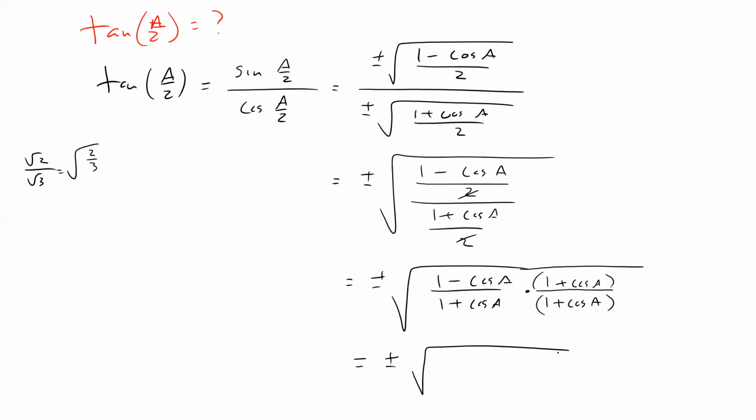Now, we're running out of time. So let's do this here. On top, the difference of two squares gets me 1 minus cosine squared A. On the bottom, that gets me 1 plus cosine A, and there's 2 of them, exact same.